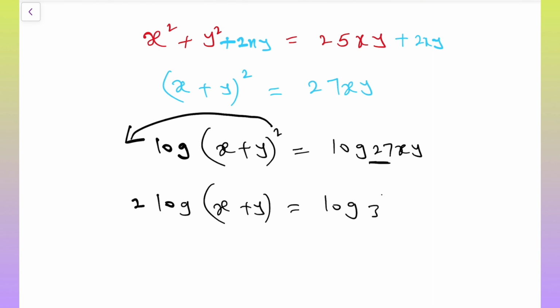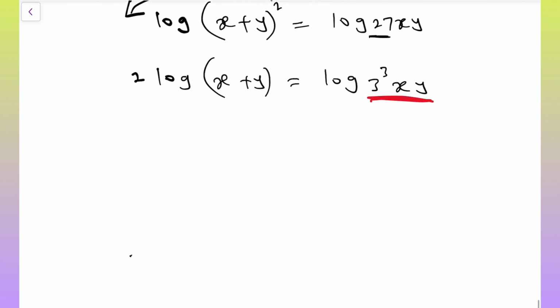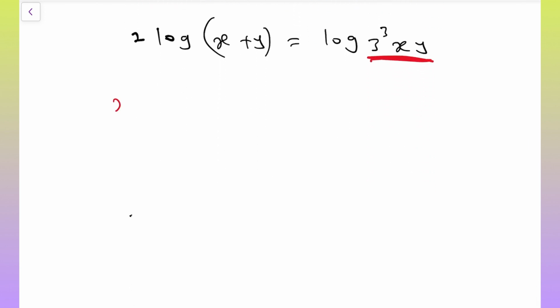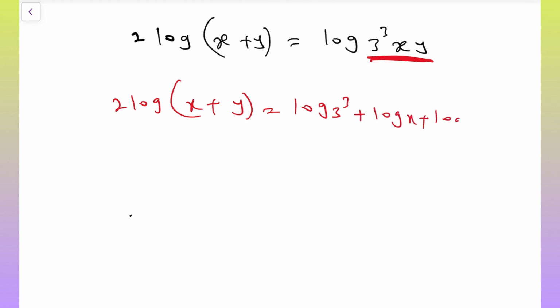27 can be written as 3 power 3, xy as it is. If you observe this, 3 power 3 xy is nothing but 3 power 3 into x into y. So 2 log of (x plus y) equals log of 3 cube into x into y. Multiplication becomes plus: log 3 cube plus log x plus log y.